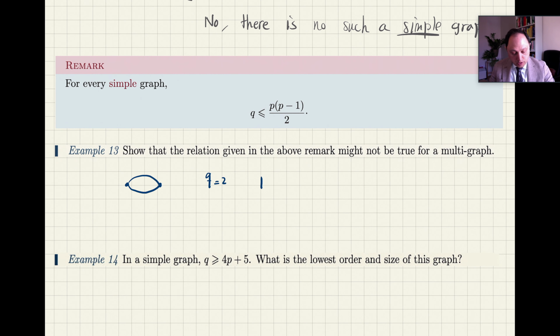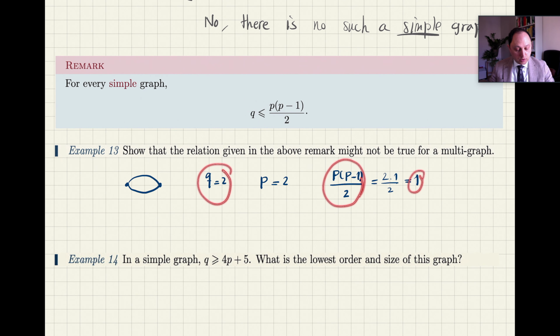What is P? P is 2. So if I calculate p times (p minus 1) divided by 2, this becomes 2 times 1 divided by 2, which is 1. And you see that this relation does not hold, because Q is 2, but p times (p minus 1) divided by 2 is 1, and 2 cannot be less than or equal to 1.